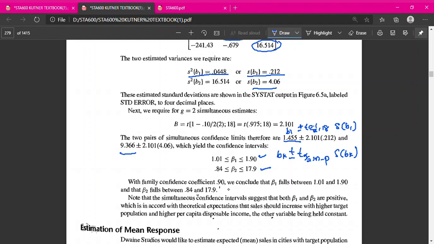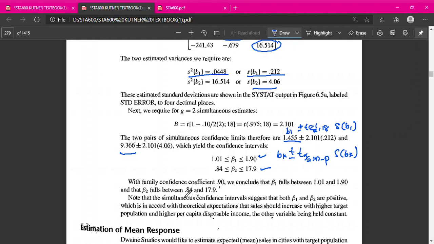conclude about the variable. Okay, which is you can say that untuk beta 1 you can say that we are 90% confidence that when x1 tadi apa, when the number of person age 16 or younger increased by 1 person, okay, the sales will be increased.